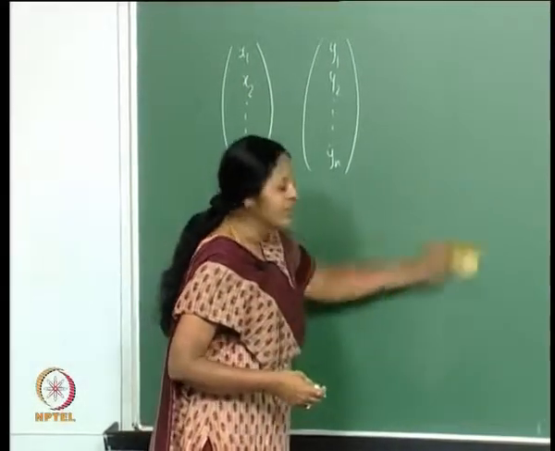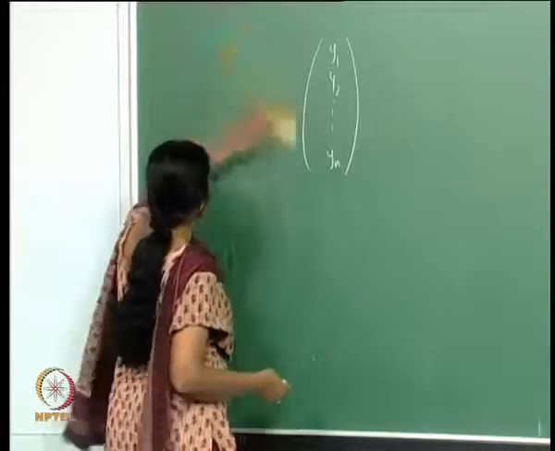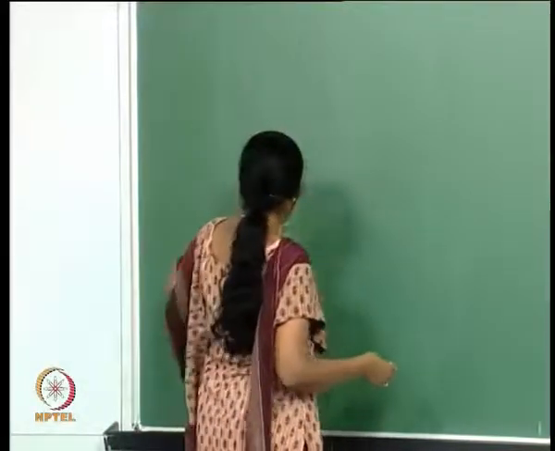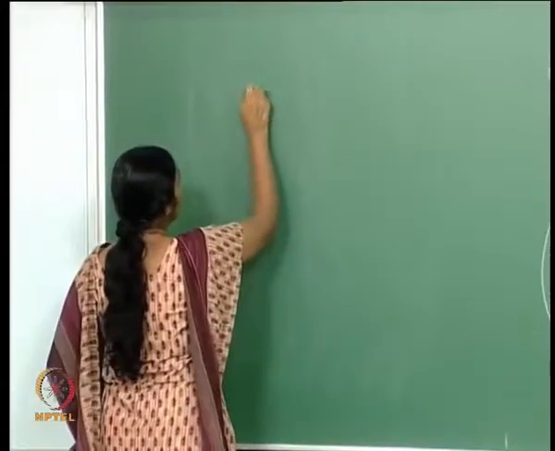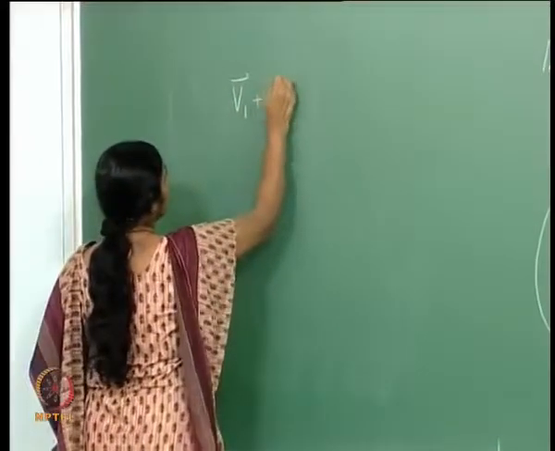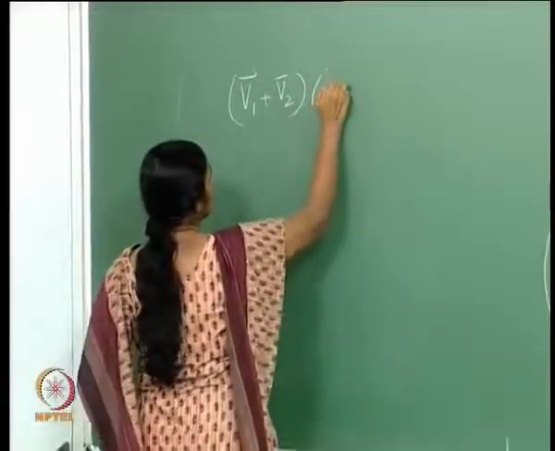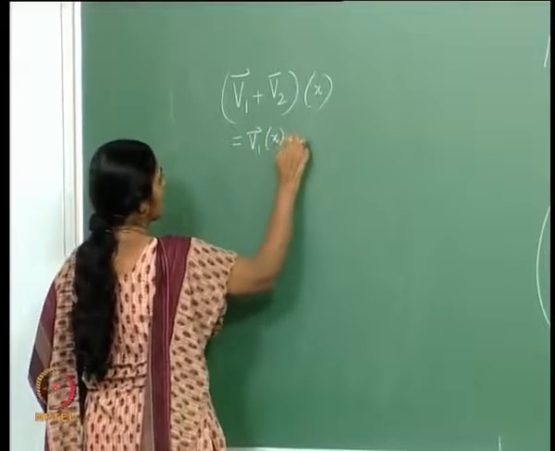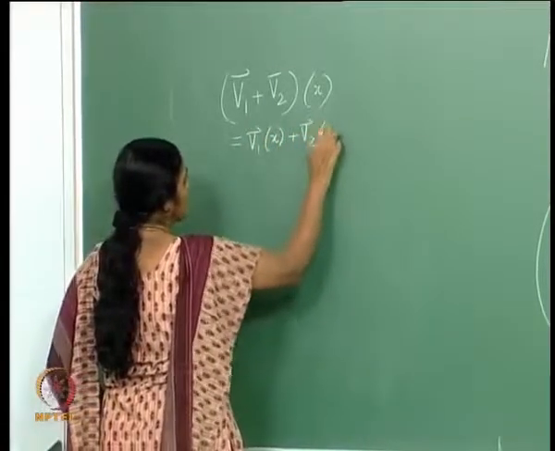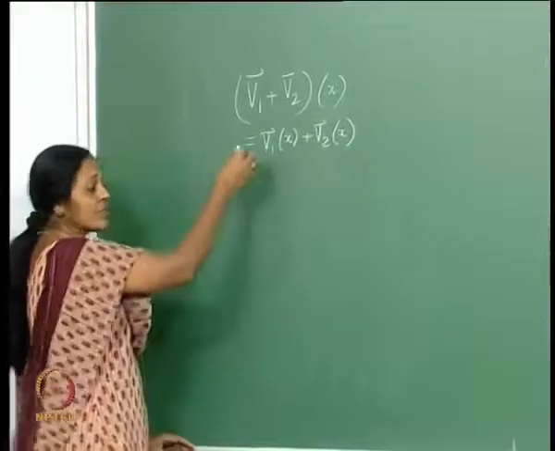In fact, I can think of function spaces. So, I want to define functions of x. Now, this is simply v1 of x plus v2 of x, where x is a real variable.